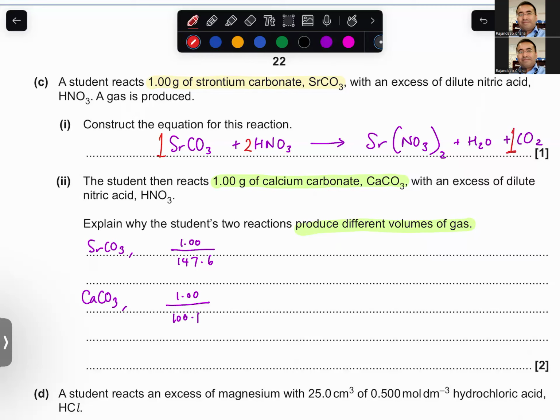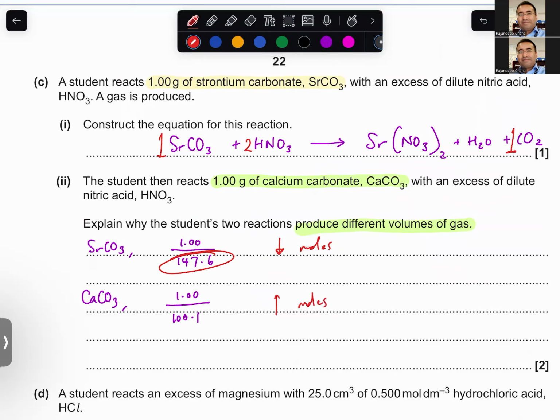So you can see that strontium carbonate, because it's got a greater molar mass, would produce a smaller amount of moles compared to calcium carbonate, which would give you a greater number of moles.